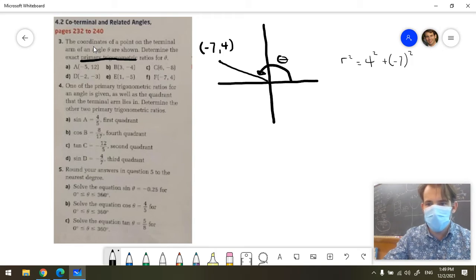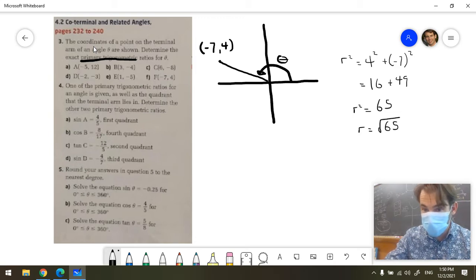The negative comes along for the square root ride, so it's going to disappear. 16 plus 49 gives me 65. So that's r squared. R would then be equal to plus or minus the square root of 65. But because this is a distance, we only want the positive one, so r is root 65. I can label that on my diagram here, root 65.